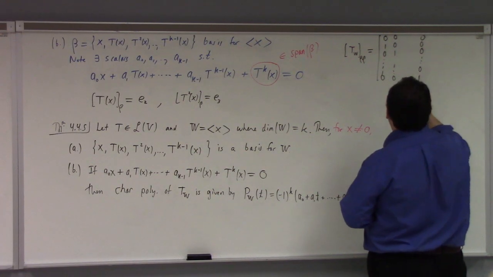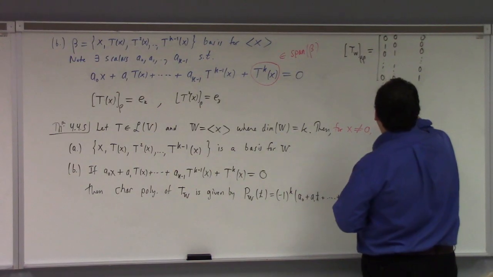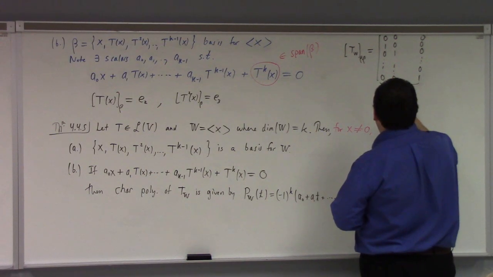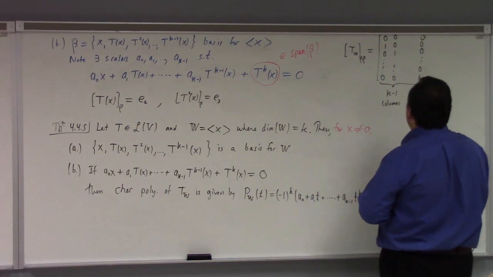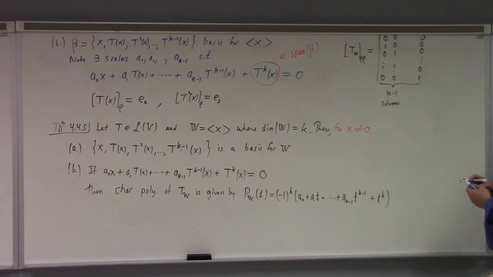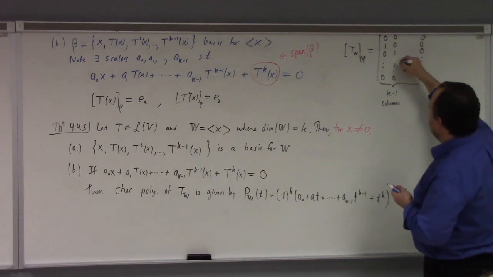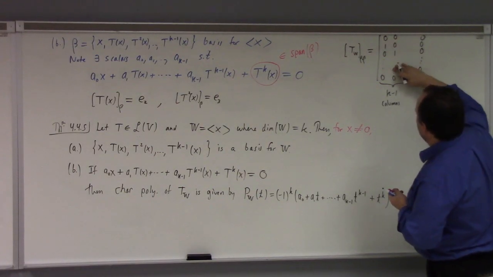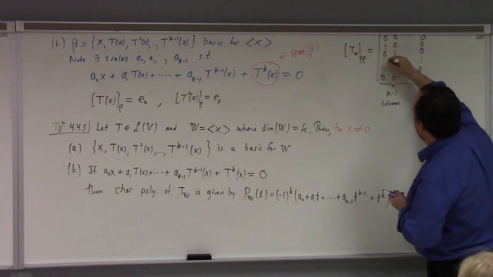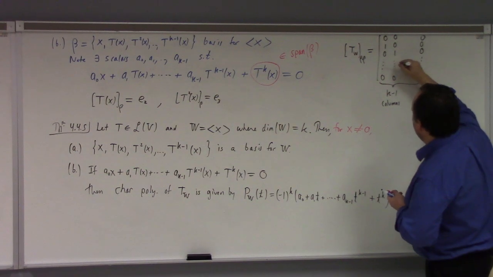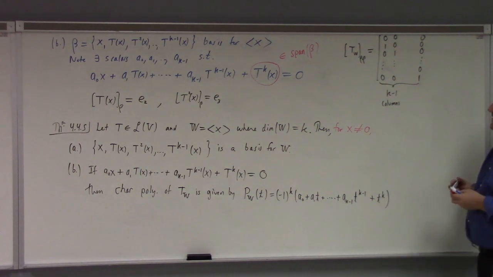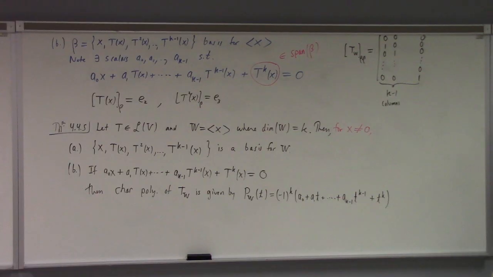So here I'm talking about the first k minus 1 columns, and this is supposed to be plus dot dot dots. Use your imagination. My dashes became ones. So what goes in the last column?